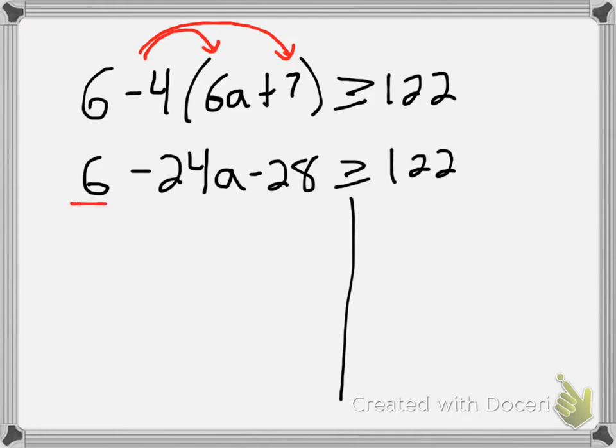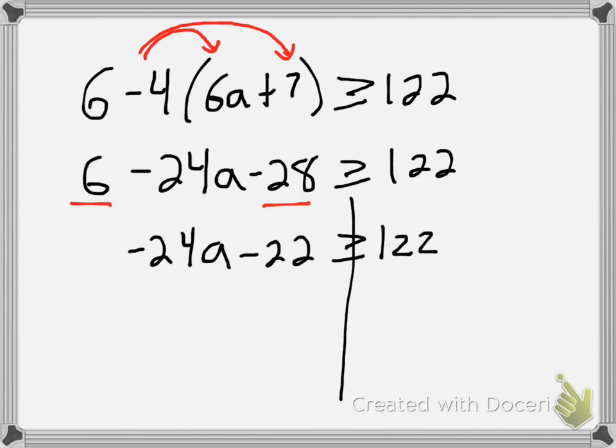So with this one, the 6 and negative 28, those are my two like terms. So when I combine 6 and negative 28, I get negative 22. So I'm going to put the negative 24a first. And again, 6 and negative 28 is negative 22. It's greater than or equal to 122.